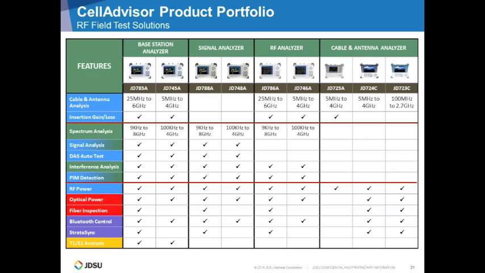And we have products, again, on the cable antenna analyzer that have different frequency ranges, but also some have single port for reflection, return loss, distance to fault, but others have 2-port, which are excellent for characterizing literally anything that has 2 RF connectors, including if you have a repeater, a donor antenna as well as a receiver, a serving antenna. You can measure the isolation, very similar to taking a microphone and putting it in front of a speaker. You don't want unnecessary feedback loops on your RF system.